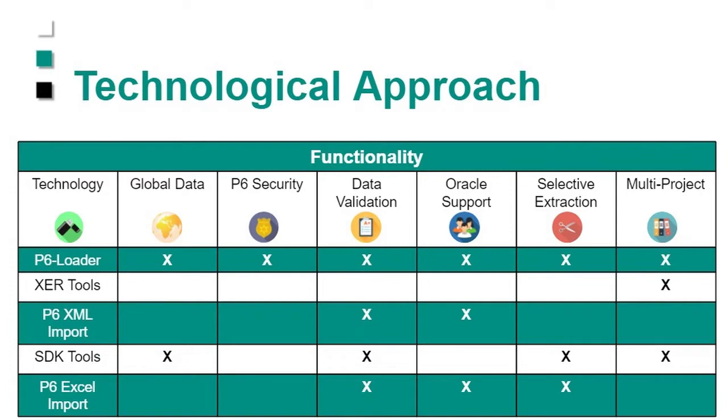The other thing is to use XCRs, you basically have to be a super user. So in order to be able to import an XCR, you have to be a project super user. And there's no access to global data. It's project only. So Primavera tried to fix that a little bit themselves. They made the P6 XML import, and it's a little better than the XCR in that it can be validated.